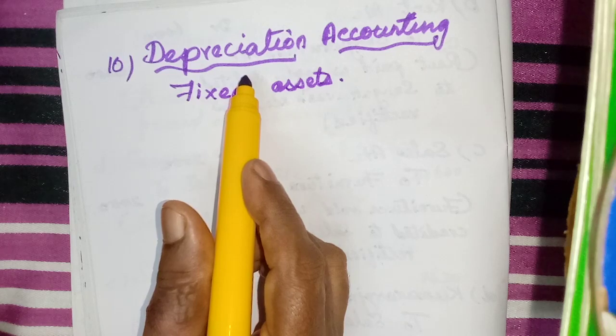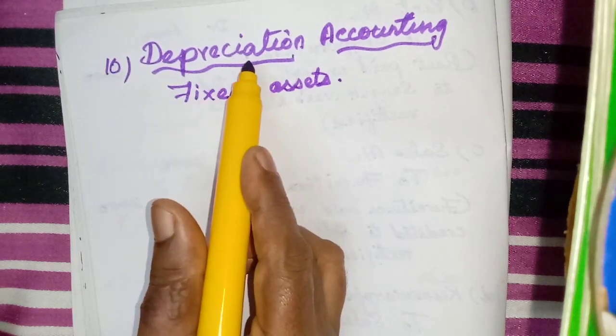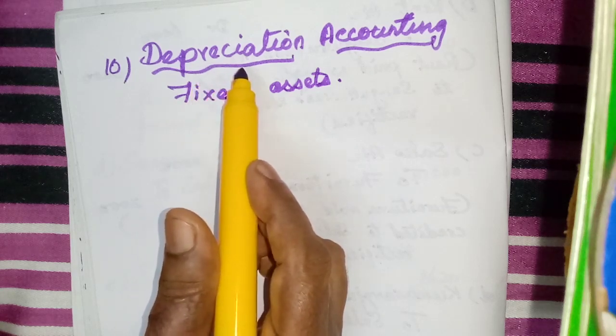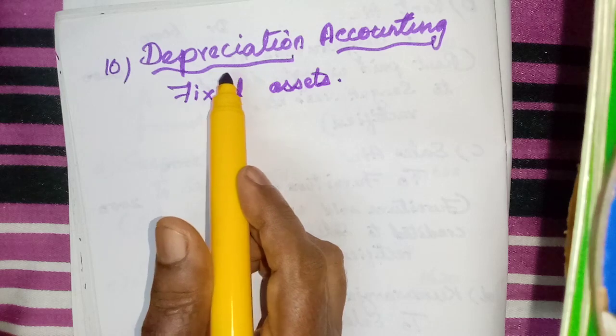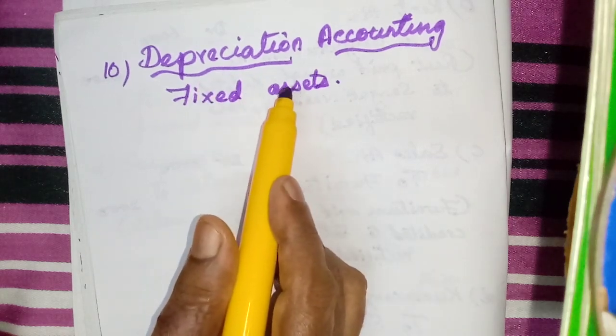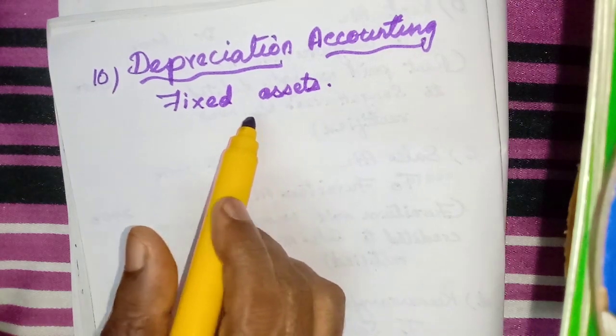When we calculate the profit and loss account, we need to write that depreciation, and in the balance sheet we have to reduce the depreciation from the fixed assets value. The remaining amount is called the book value of the asset.